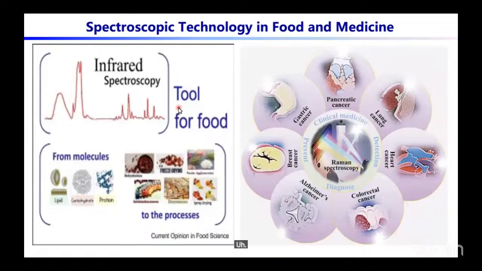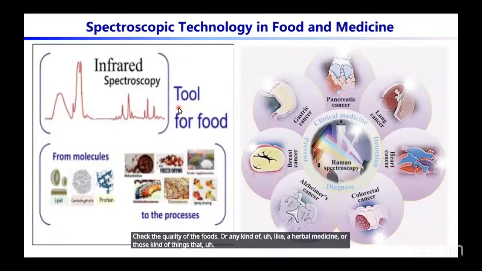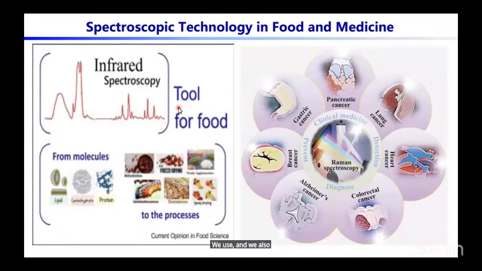We know that in biomedicine, we typically need to check the quality of foods or herbal medicine or those kinds of things that we use. And we also need to check our health conditions, particularly the diagnosis of diseases.